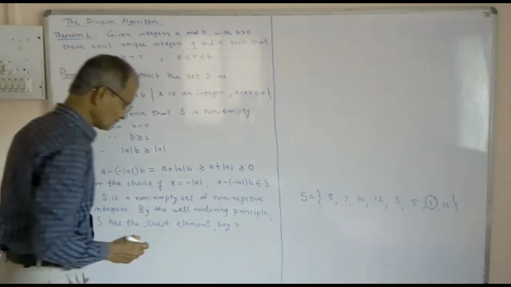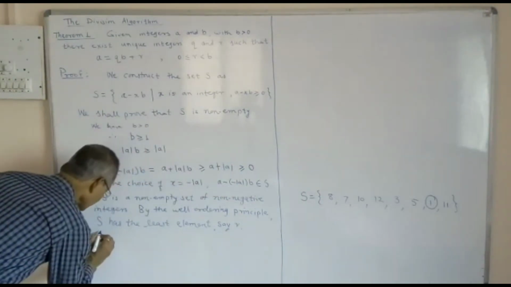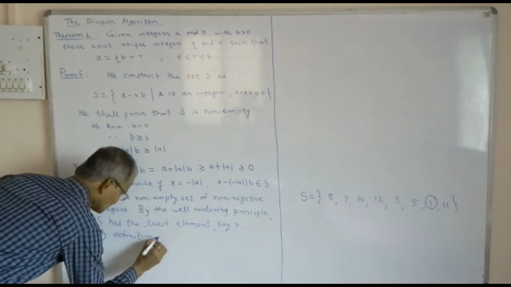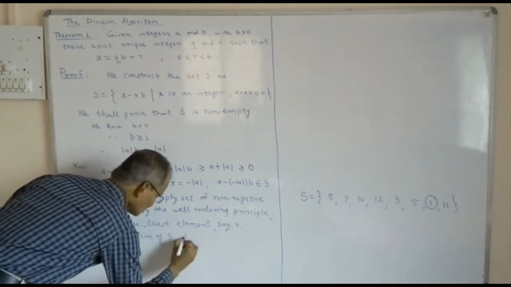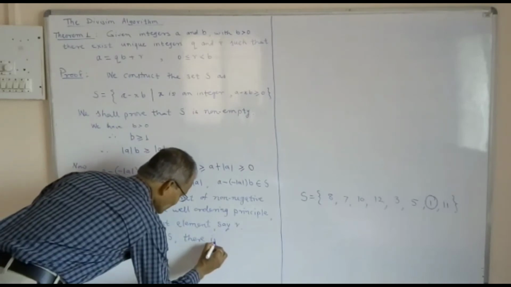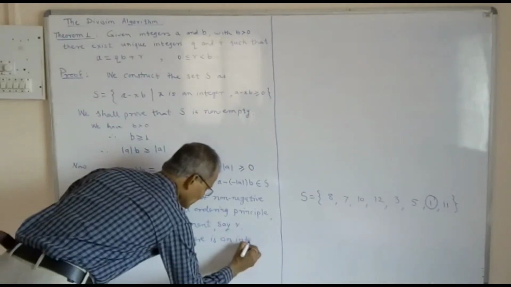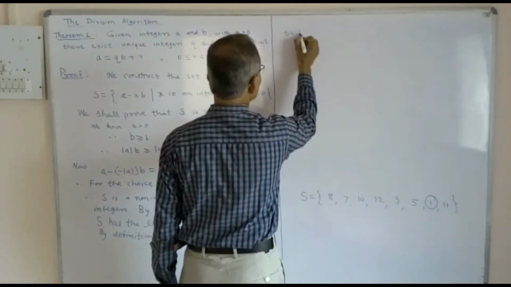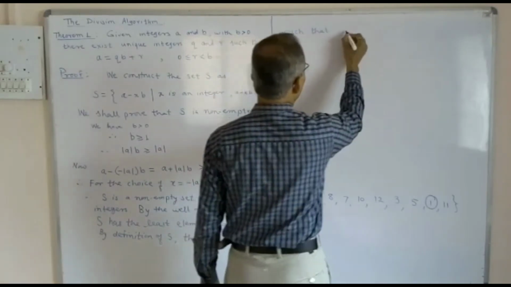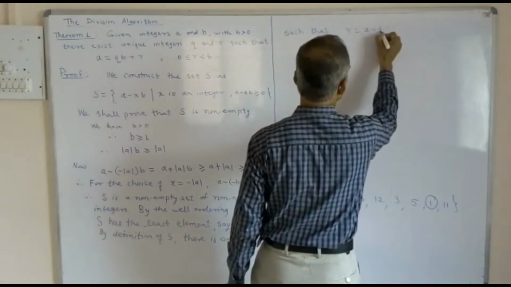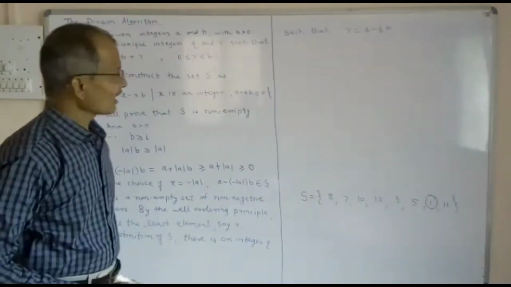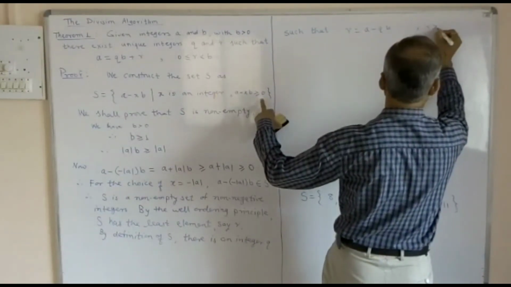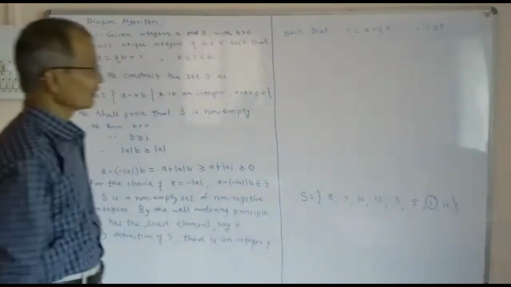So by definition of S, there exists an integer q such that R is equal to A minus qB, and this R is an element of S, therefore it must be greater than or equal to 0.